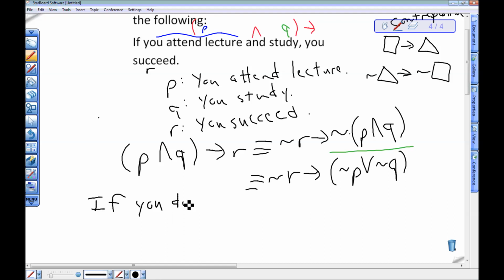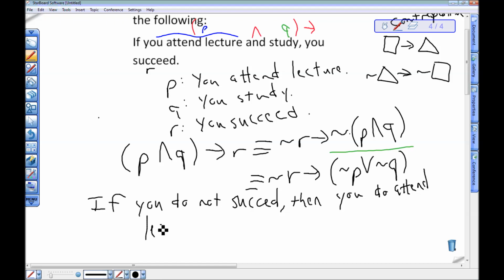So if you do not succeed, then, notice I put in my comma there because I know the next part's in parentheses, not P, you do not attend lecture, or not Q, you do not study.